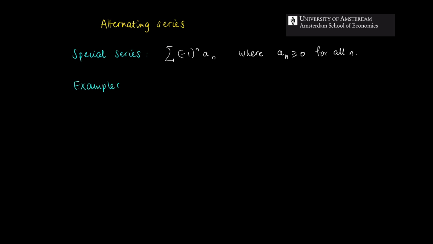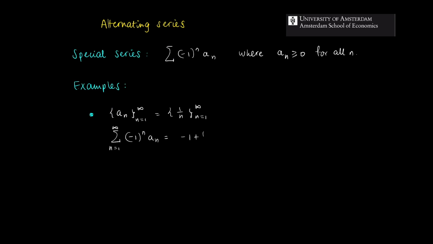So as an example, what we've seen before, we had the alternating series corresponding to a_n equals 1 over n. And we get the alternating series by putting (-1)^n in front of a_n.